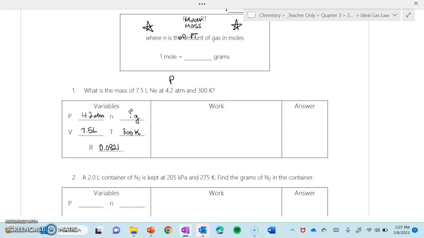So I'm just going to write it up here at the top so we can reference it throughout this whole worksheet. So we would have PV equals nRT, or sometimes I've heard teachers say PivNert, if that helps you to remember. Just kind of a silly word to remember the order of our ideal gas law.